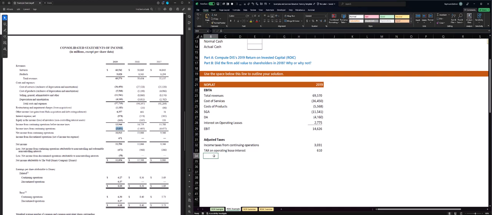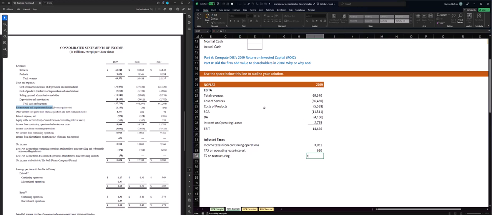Next one on the line that we did not include is restructuring, right? It's an expense, so it should be a tax shield, or TS in short, on restructuring.